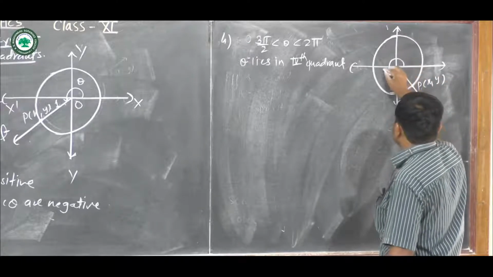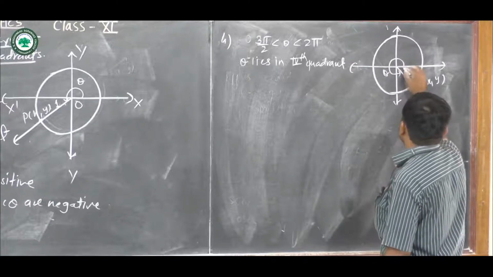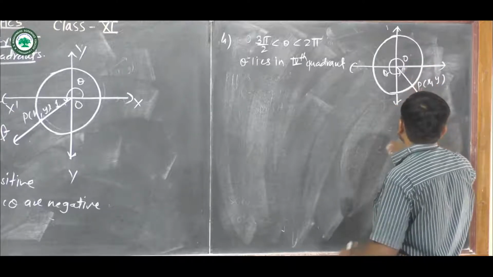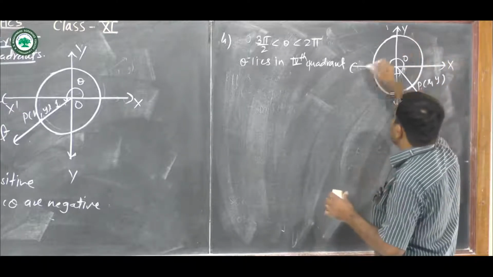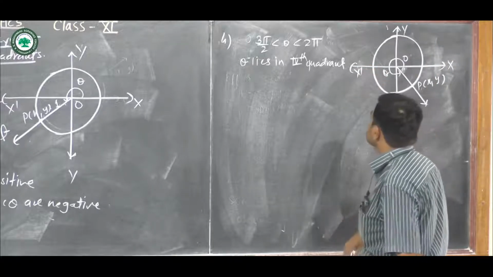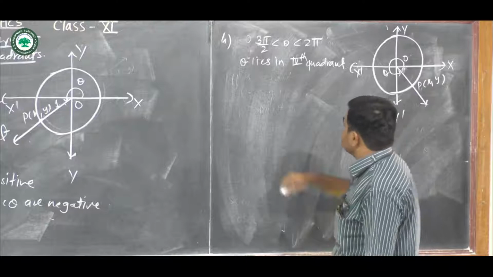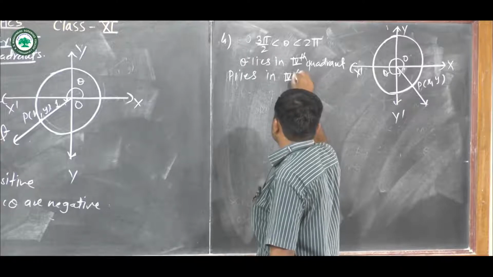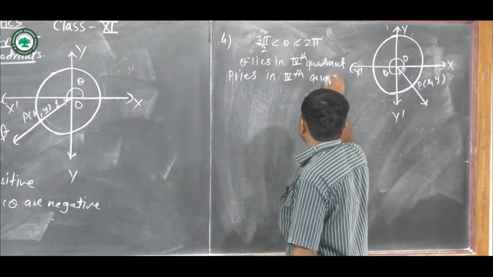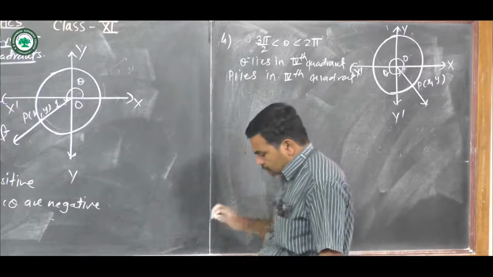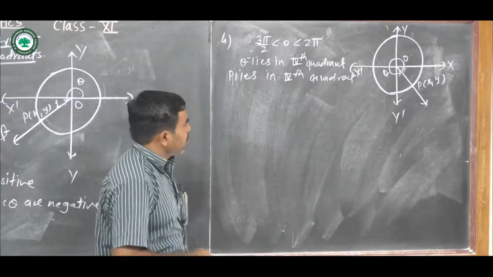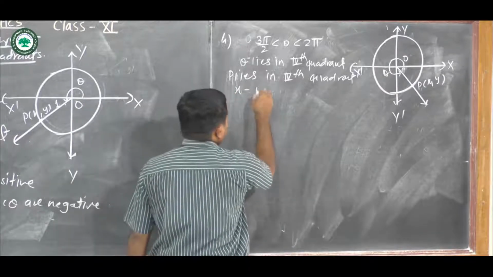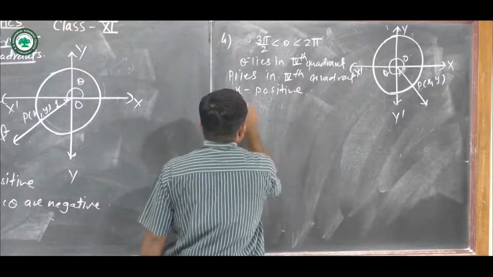This is your angle theta. This point O, x-axis, y-axis, negative x-axis, negative y-axis. And you know that in fourth quadrant, x is positive and y is negative.